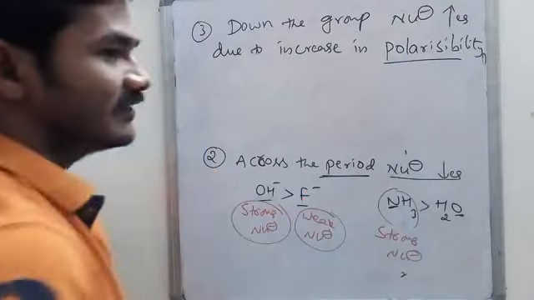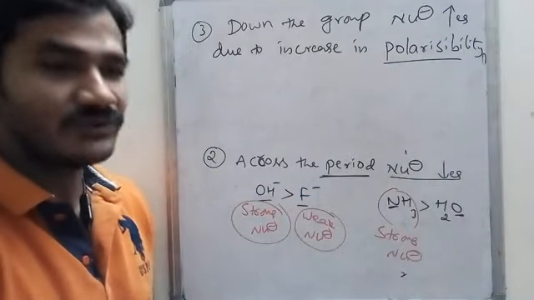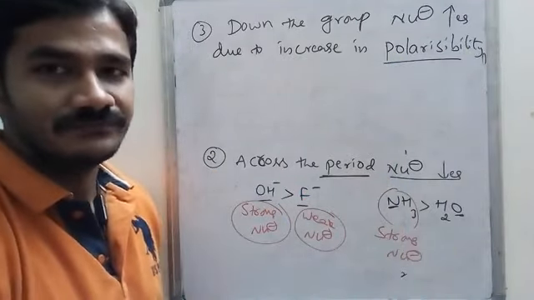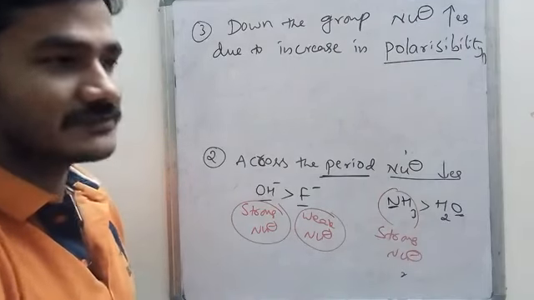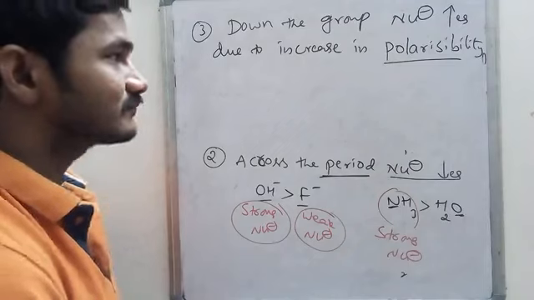What is polarizability? It is the ability of an atom to be distorted easily by another atom. That phenomenon is said to be polarizability.